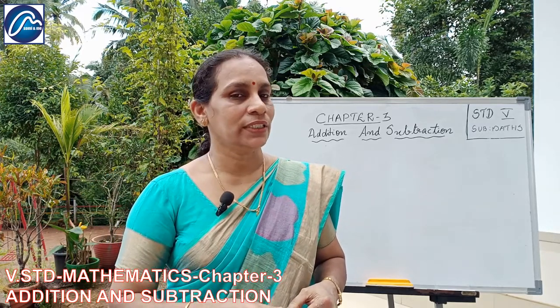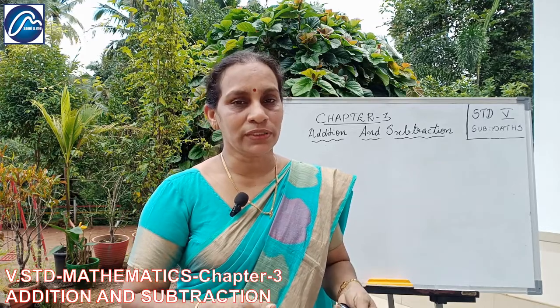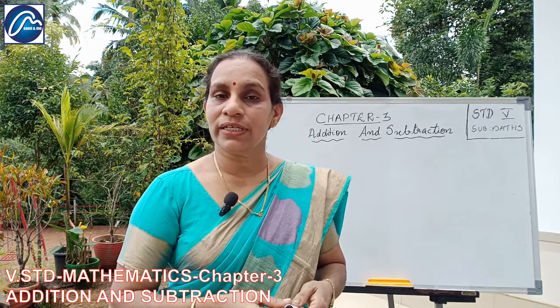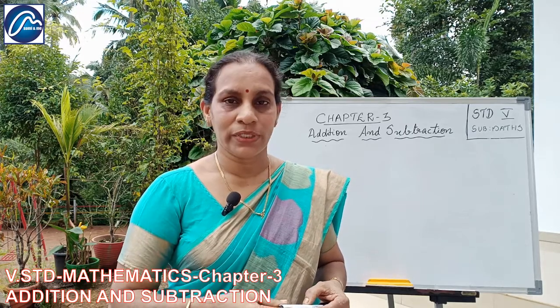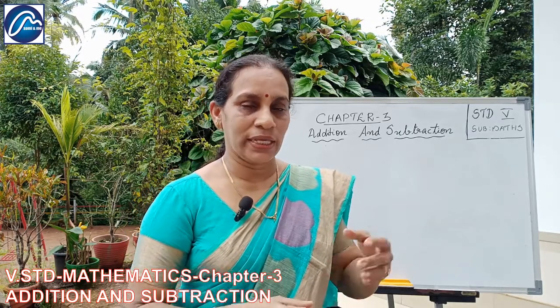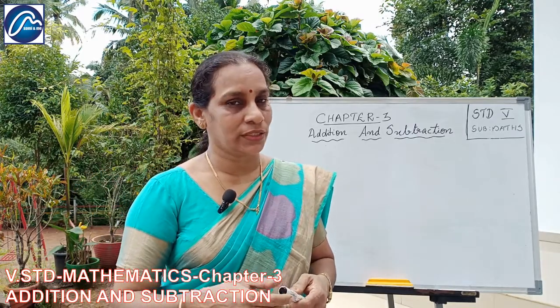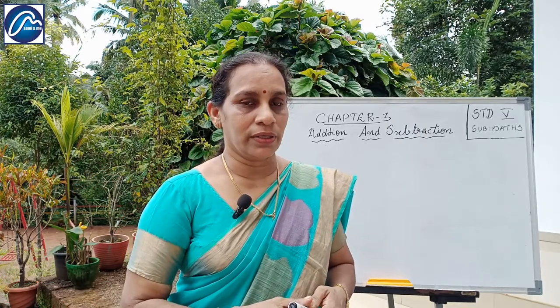So the difference is 5. So when you are subtracting, you will get a difference. When you are adding, you will get the sum. So we can do an example of addition of larger numbers.